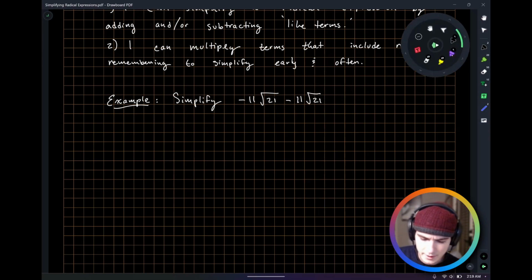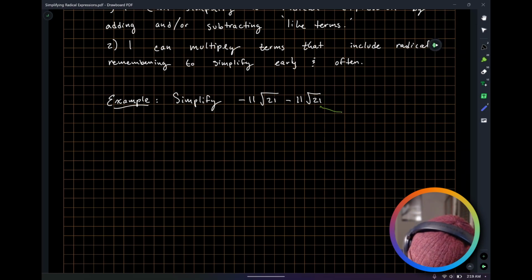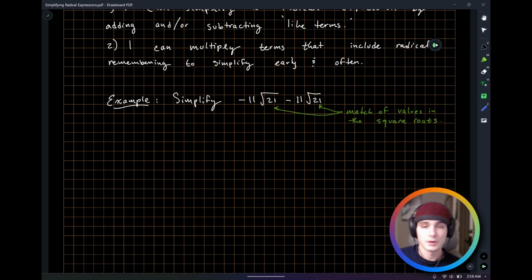Now notice, the radicands are the same. So we got a match of values in the square roots. So we can combine like terms just like the variables.